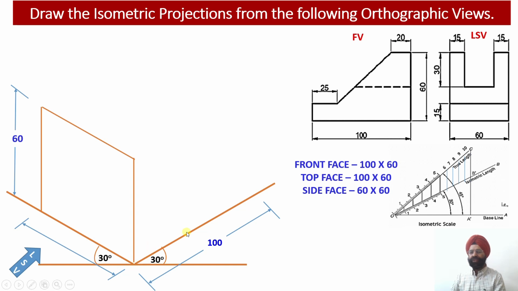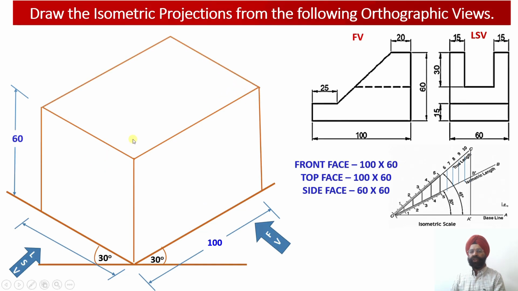Now we have marked the length of the solid, and we are going to draw two isometric edges. This edge happens to be parallel to the z-axis and equal to 100 millimeter. Similarly, the second isometric edge is parallel to the y-axis and measures 60 millimeter. This gives us the rectangular face where the front view projections will be available.